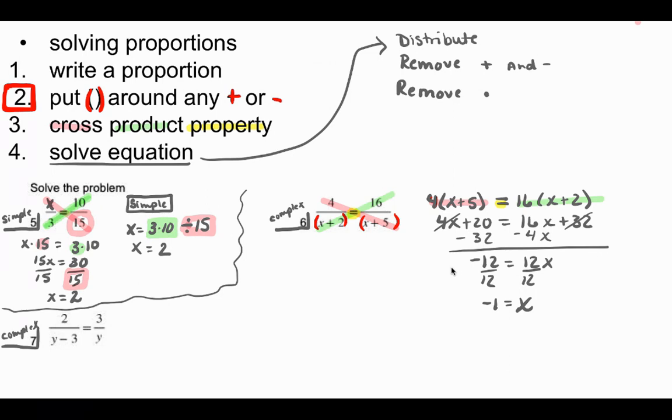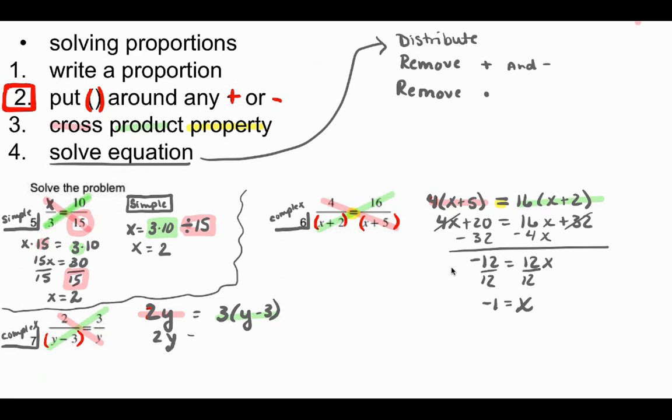So when you have addition or subtraction, place parentheses around all addition and subtraction. Then when you go to do your cross product, you're going to have your two crosses, your means and extremes multiplied together. So this is going to be 2 times the y, and it's going to equal the 3 times the parenthesis y minus 3.